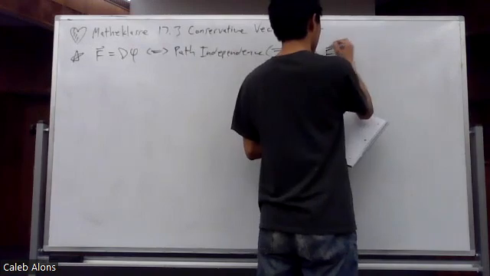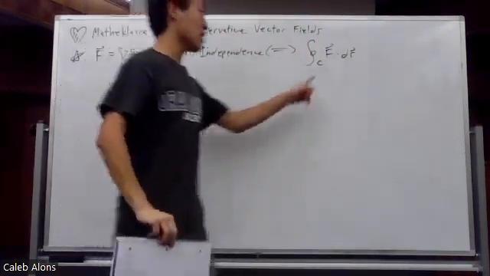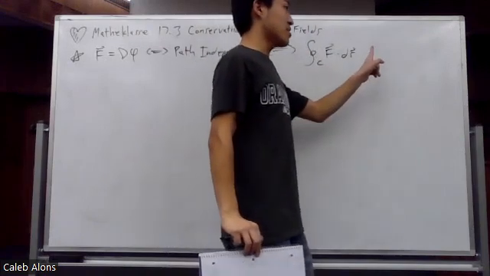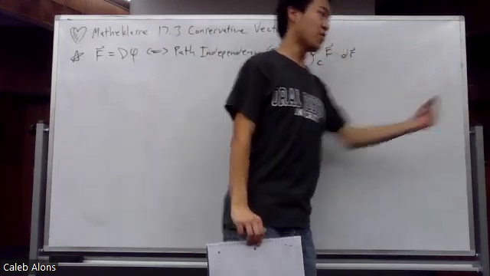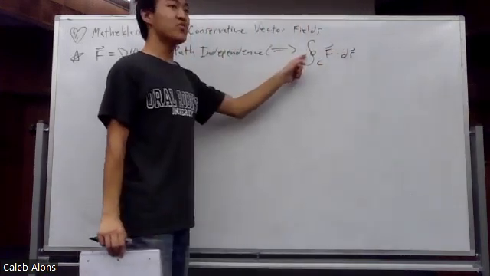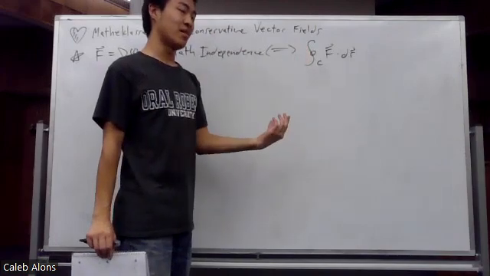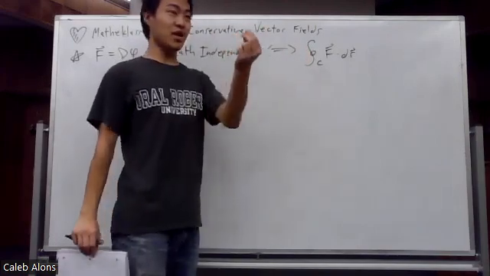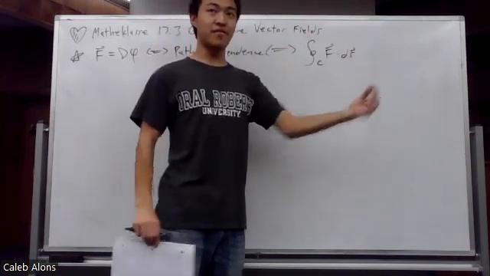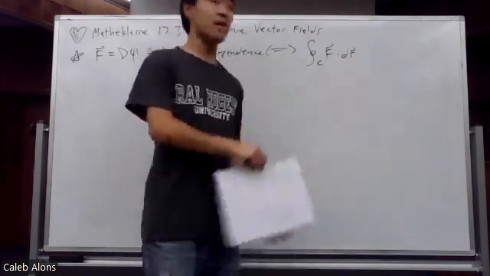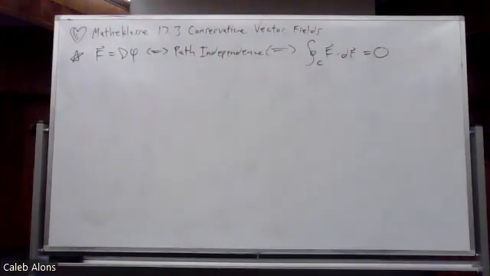And we just figured out by the fundamental theorem that F dot dr is going to be, you take the potential where it ends and subtract the potential from where it started. That's simple and closed, so its starting position and its end position are the same. If you end up at the exact same spot, you are subtracting a number minus itself. This is always going to be what? Zero.